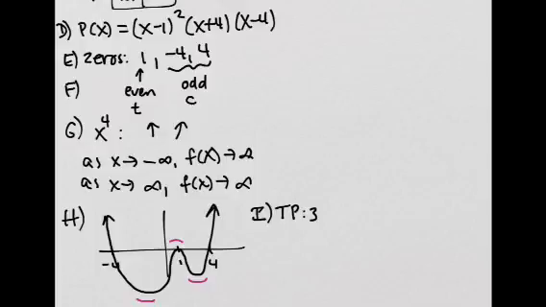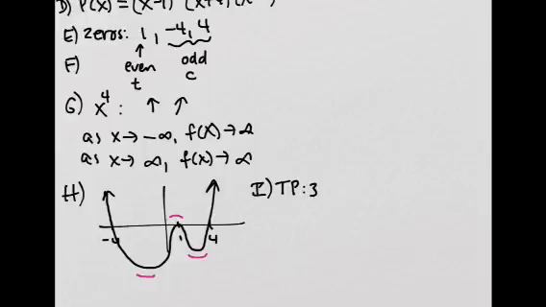So let me move it up a little bit. This one's a global min, but it could also be a local min. It's also considered local min. This one's a local min, and this one is a local max. Okay?